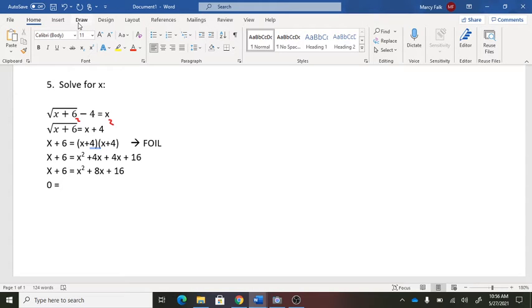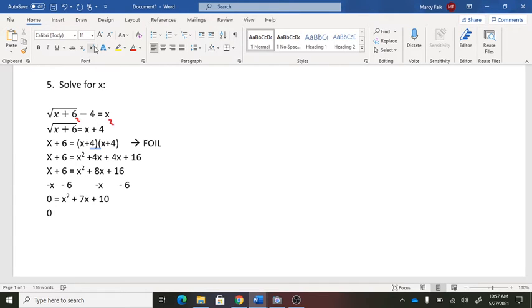So to do that, I'm going to be subtracting an x, and I'll be subtracting a 6. So over here I need to subtract an x and subtract a 6. So x squared is still there. This would be plus 7x, and this would be plus 10.